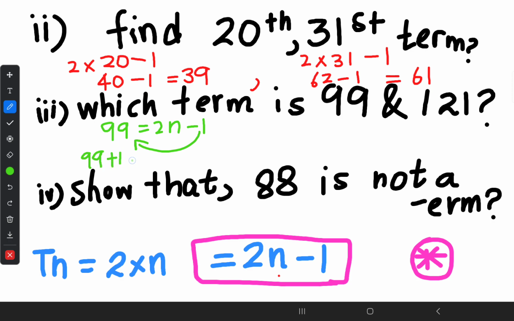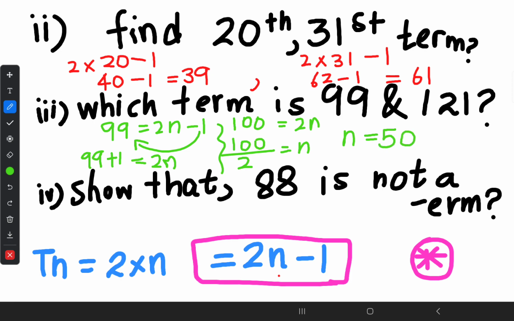So 99 plus 1 equals 2n. 99 plus 1 is 100, so 100 equals 2n. 2n means 2 multiplied by n, so to oppose that you should divide. So 100 divided by 2. We have to divide 100 by 2 to obtain the answer for n. So n would be equal to 50.